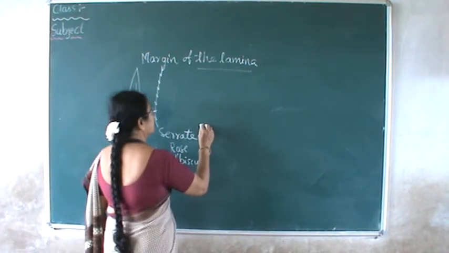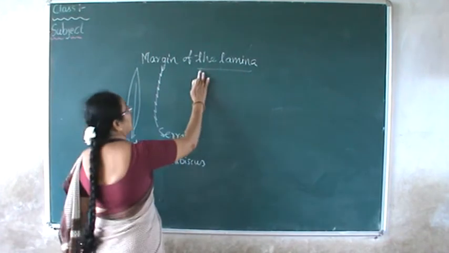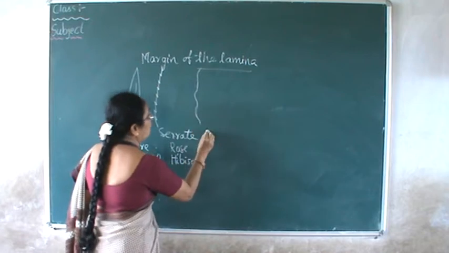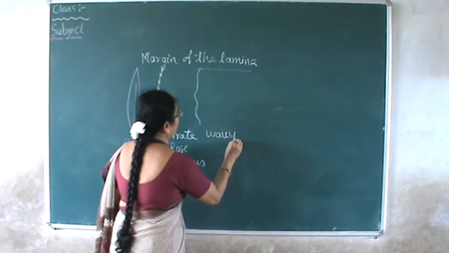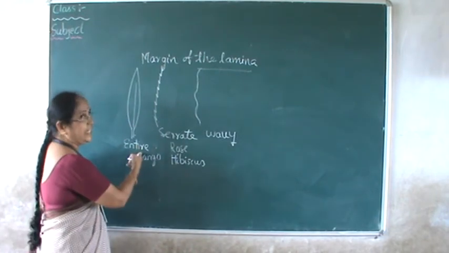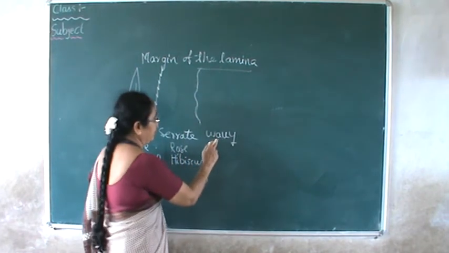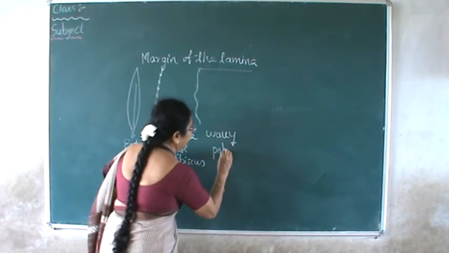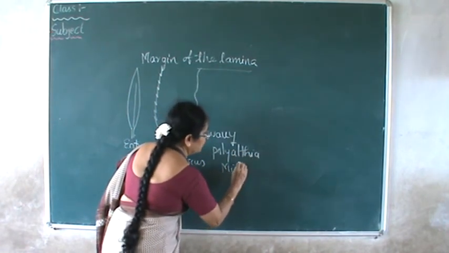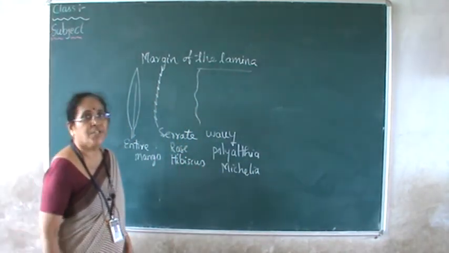In many cases, the leaf margin may be like this. The exact terminology to explain this kind of margin is wavy. It's wavy in outline, not smooth like this. If it is smooth like this, it is entire. And if it is running wavy in outline, then it is to be called wavy. This is found in Polyalthia, and also in Michelia champaka, which are examples for the wavy kind of margin.